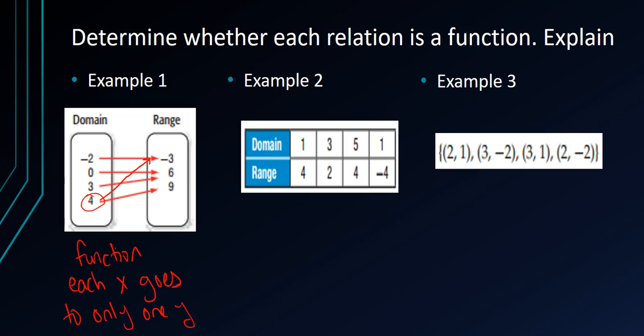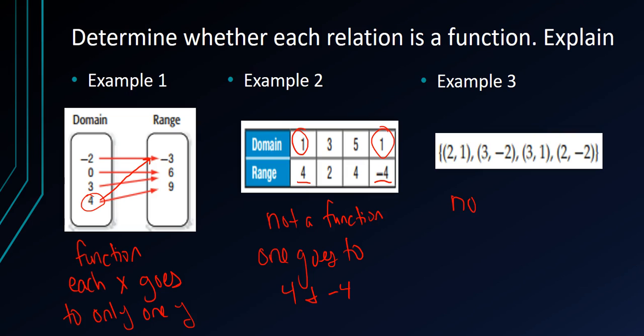Example 2, this is not a function because my domain value of 1 goes to 4 and -4. So 1 goes to 4 and -4. And same with example 3.